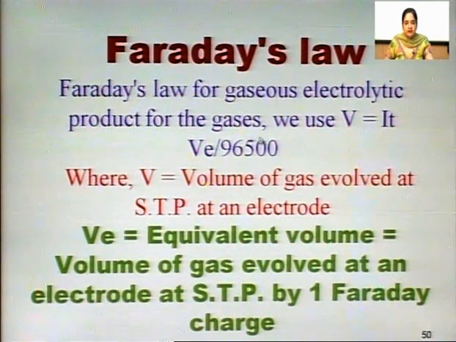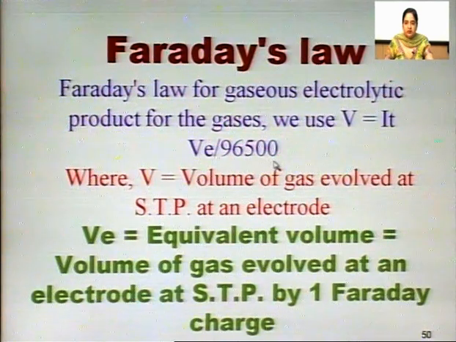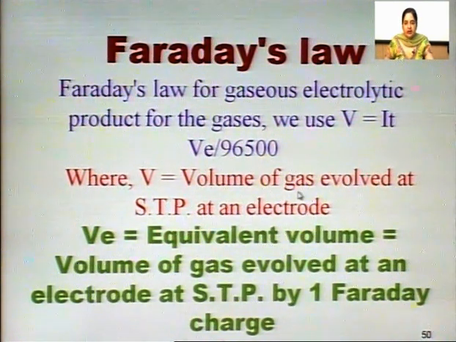For gases, we use V equal to ITVE over 96500, where V is the volume of gas evolved at STP at an electrode, and VE is the equivalent volume, equal to the volume of gas evolved at an electrode at STP by 1 Faraday charge.